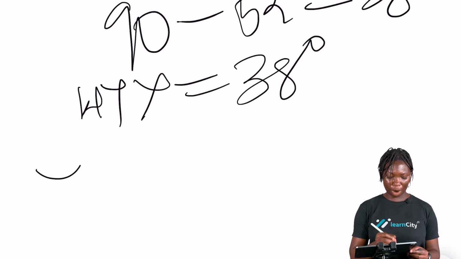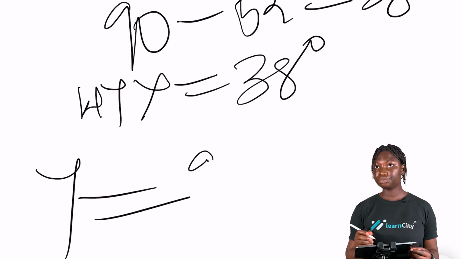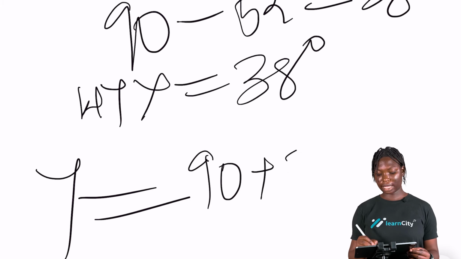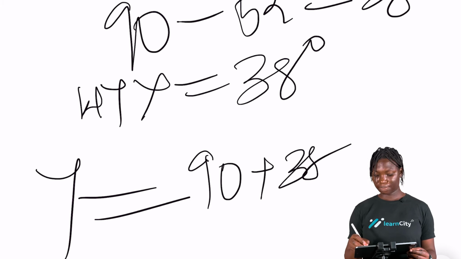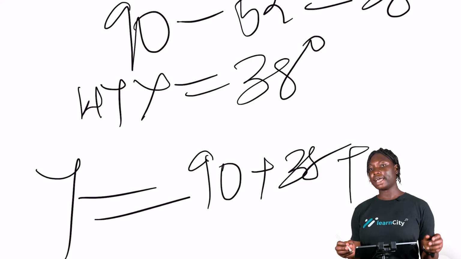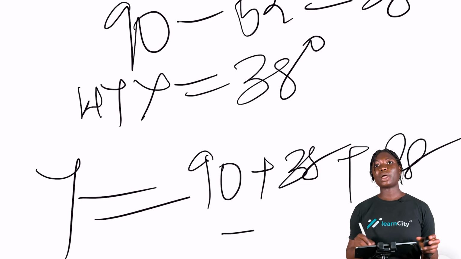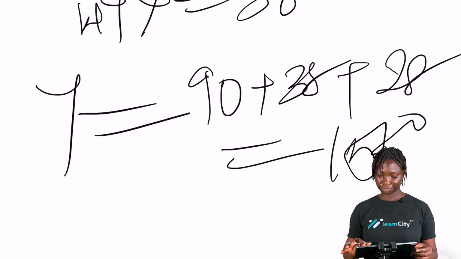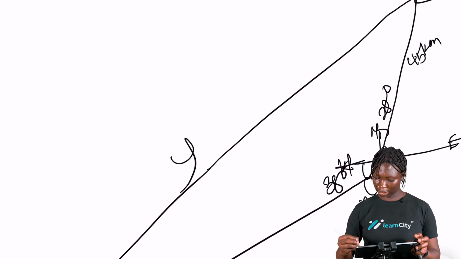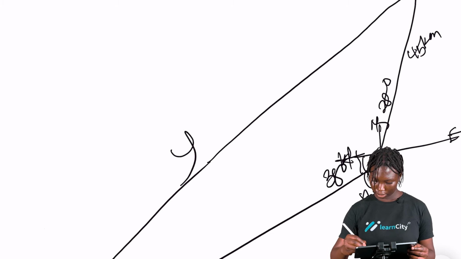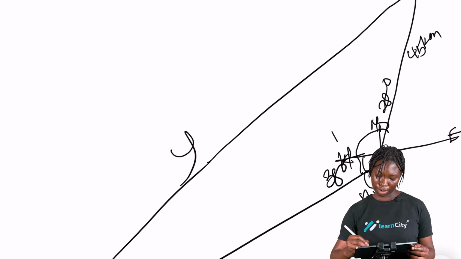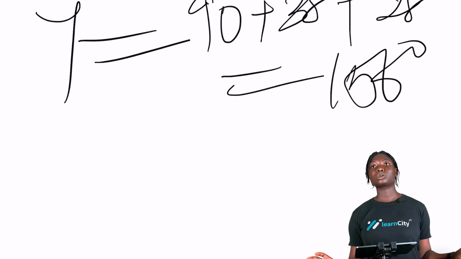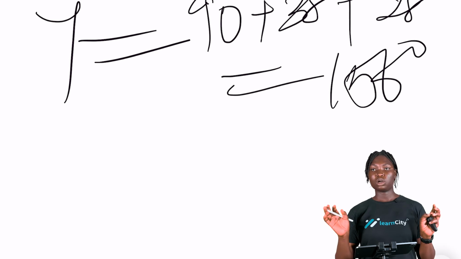So we have 90 plus 38 plus 28, and this gives us 156 degrees, which is this part here. So now we've gotten our angle y.